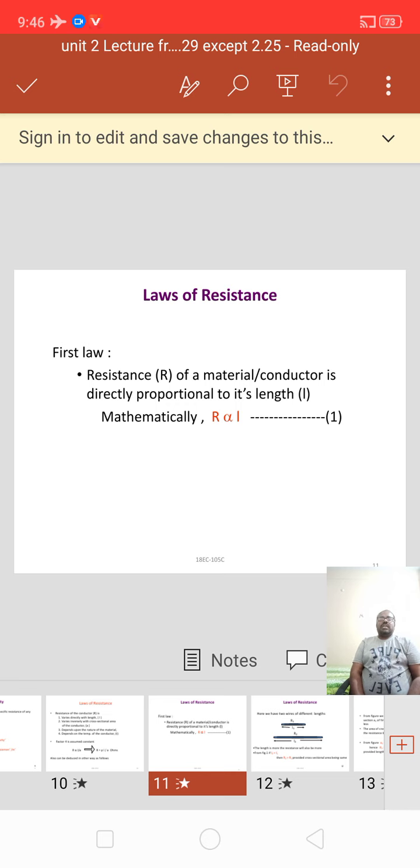First law, resistance of a material or conductor is directly proportional to its length L. Mathematically, it is represented as R proportional to L. It is represented as first equation as we learned before, but here I am giving a brief explanation regarding the laws of resistance.